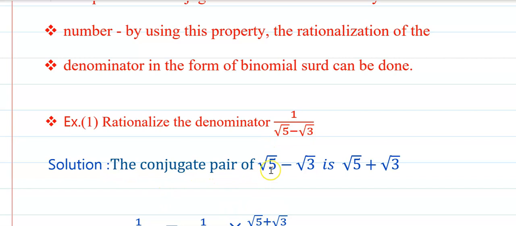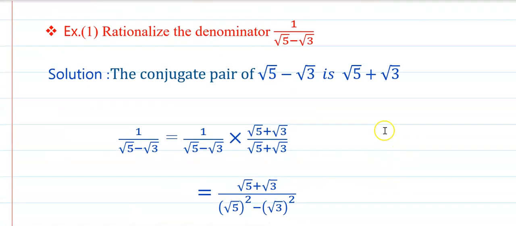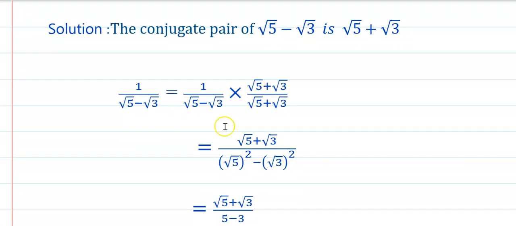Therefore, the conjugate pair of root of 5 minus root 3 is root 5 plus root 3. मग root 5 plus root 3 ने याच्या न्यूमरेटर डिनोमिनेटरला मल्टिप्लाय करणार. Therefore, you will get 1 upon root of 5 minus root 3 is equal to 1 upon root of 5 minus root 3 into root of 5 plus root 3 upon root of 5 plus root 3. Therefore, 1 into bracket root of 5 plus root 3 is root 5 plus root 3. Upon here is a minus b into a plus b.